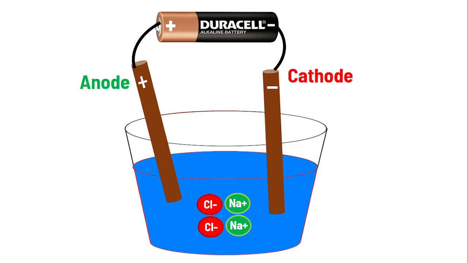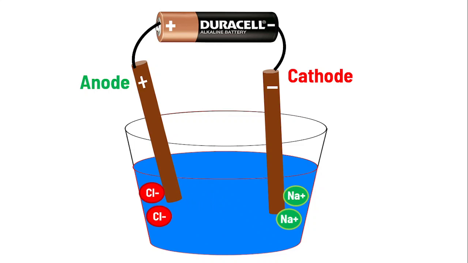So in the process of electrolysis, whenever the electric current passes from the battery to the electrodes to the water, the positive sodium ions get attracted towards the cathode, and the negative chlorine ions get attracted to the anode.